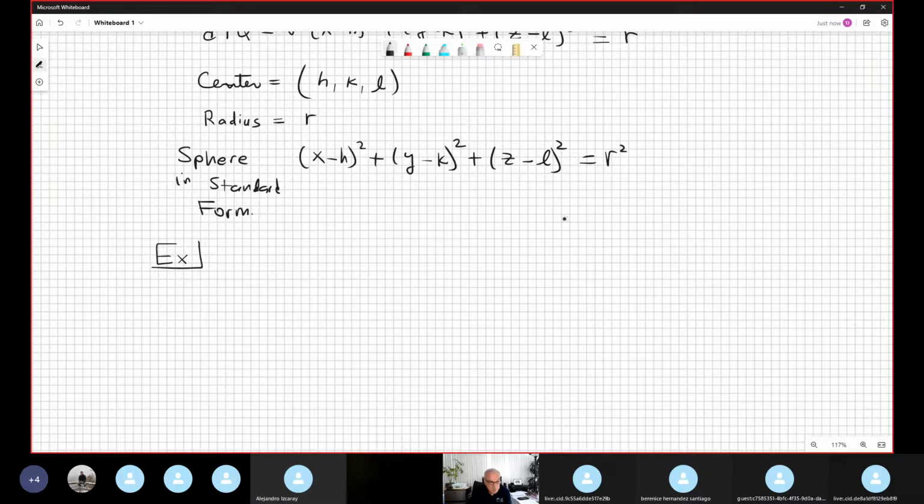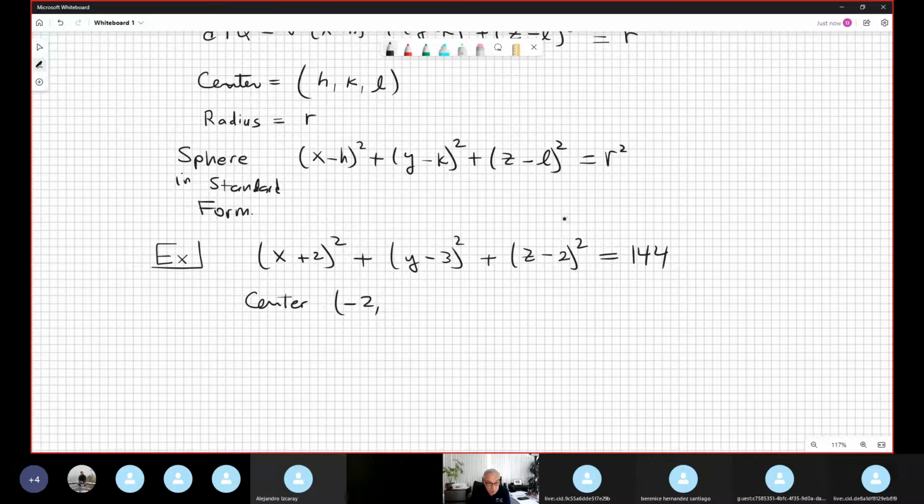Suppose we have this: x plus 2 squared plus y minus 3 squared plus z minus 2 squared equals 144. And immediately you can identify, wow, this is a sphere, a sphere in which the center is located at the point negative 2, 3, 2.